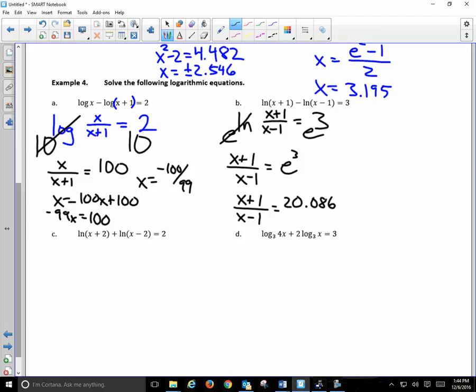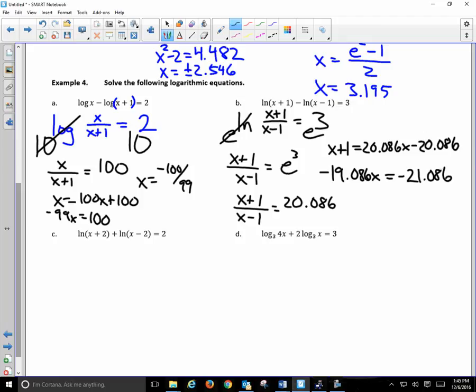Cross multiply. Subtract the 20.086x over to the other side: negative 19.086x is equal to negative 21.086.